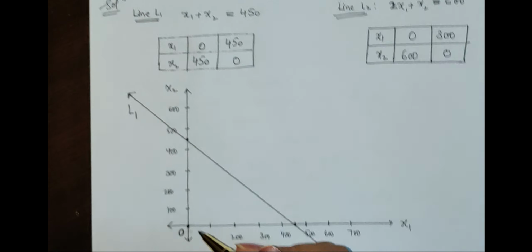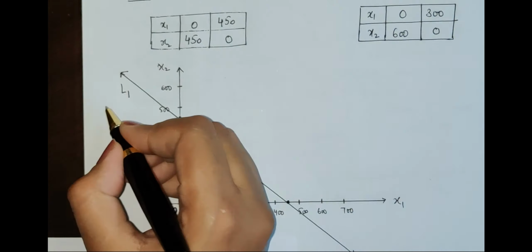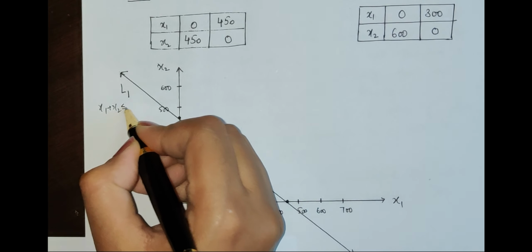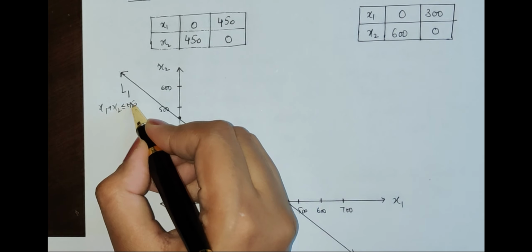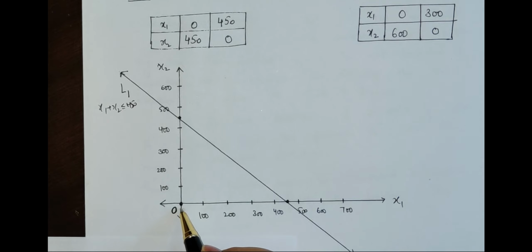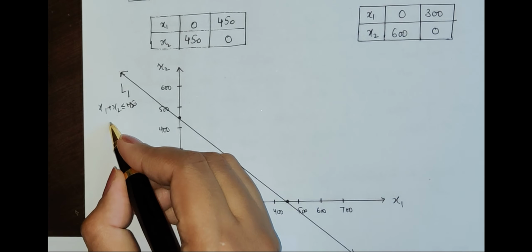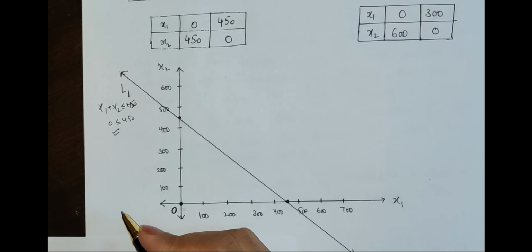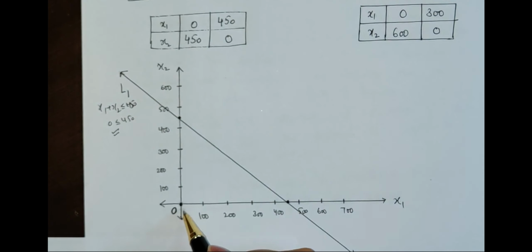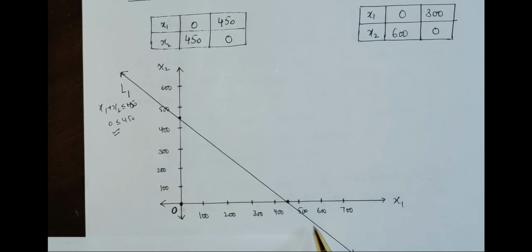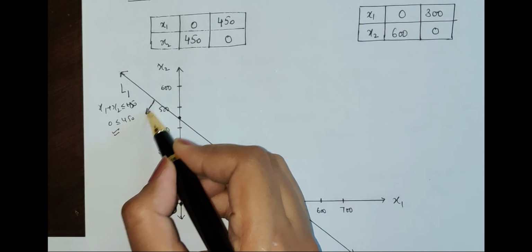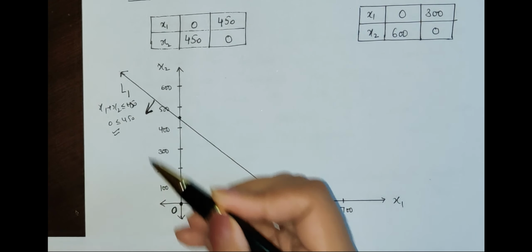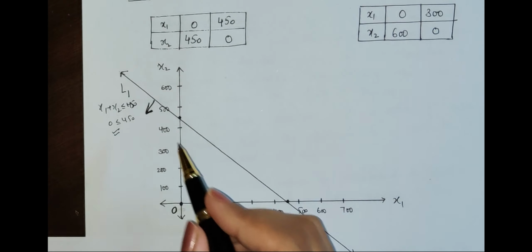So this was my line, x1 + x2 less than or equal to 450. And now if I put the value (0, 0) over here, 0 plus 0 will be 0, less than or equal to 450. So definitely it satisfies my equation. So it means this is the required feasible region for this L1. Okay, so this we have to note.